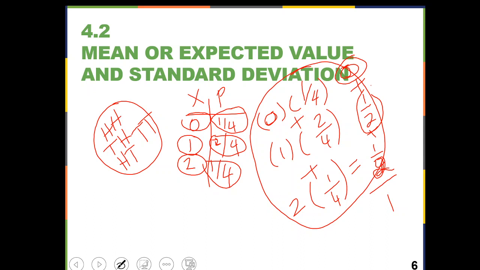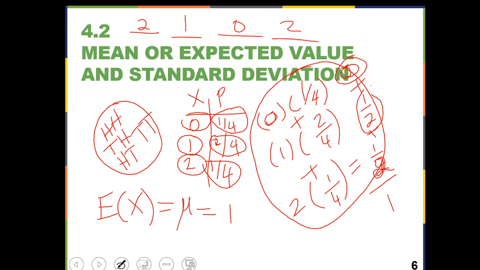What does that mean? Well, that is something we call the expected value of x, which is the same as the mean, and in this case, this is 1. That means if we do this experiment many times, every time you flip two coins, let's say one time you get 2 heads, next time 1 head, next time 0, next time 2, next time 1, next time 0, and so forth.